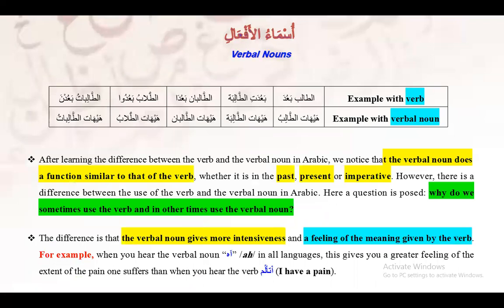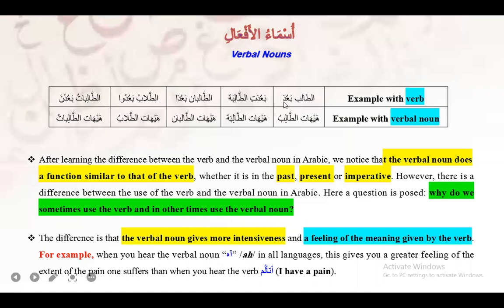بعد الطالب, بعدت الطالبة, الطالبان بعدوا, الطلاب, بعدنا الطالبات.